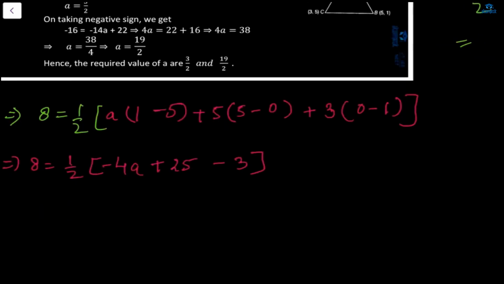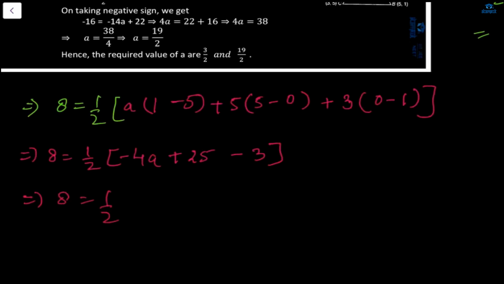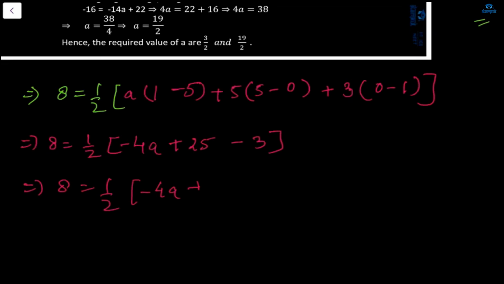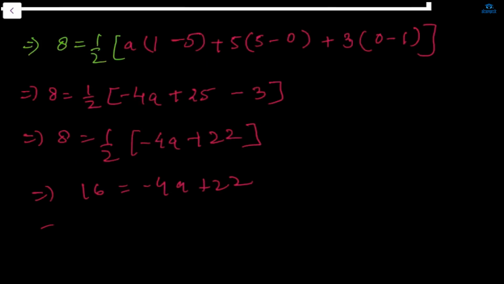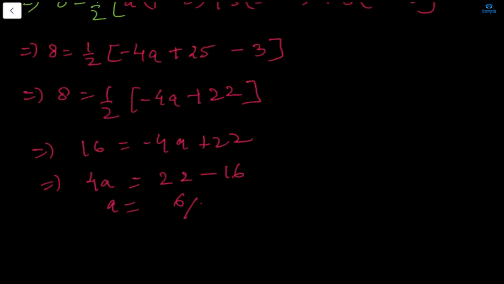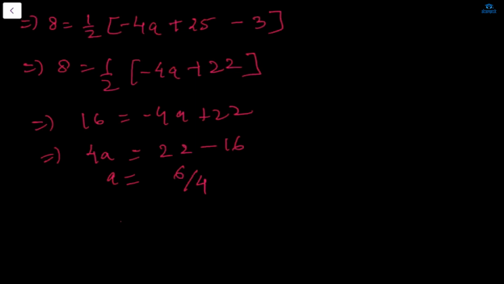Minus 4a plus 25 minus 3. Now 8 is equal to half of minus 4a plus 22. Now we can multiply and check here. So 16 is equal to minus 4a plus 22. Now you can write 4a is equal to 22 minus 16. So a will be equal to 6 by 4. So a will be equal to 3 by 2.